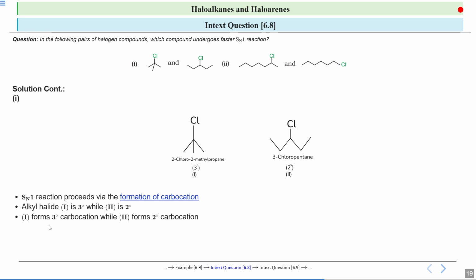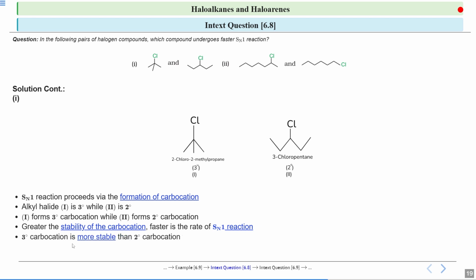The first forms tertiary carbocation, while the second will form secondary carbocation. And the greater the stability of carbocation, the faster is the rate of SN1 reaction. So tertiary carbocation is more stable than secondary carbocation. This is why the first structure, that is 2-chloro-2-methyl-propane, undergoes faster SN1 reaction than the second structure, that is 3-chloropentane.